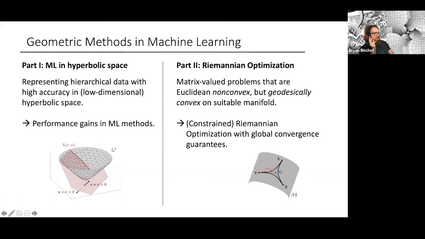Okay, so it seems to me like you've kind of given us 3 reasons why we would want to represent our data in hyperbolic space, for example. The first reason is because it more naturally fits the original structure of the data. So we're representing the meaning of the original data anyway. The second reason, and I'm looking for pushback if I'm wrong, is your bounds on performance are actually improved by doing this.